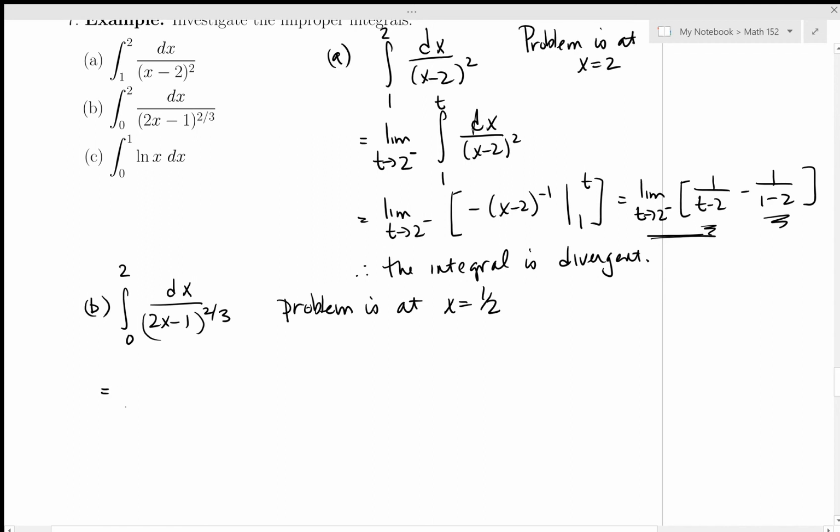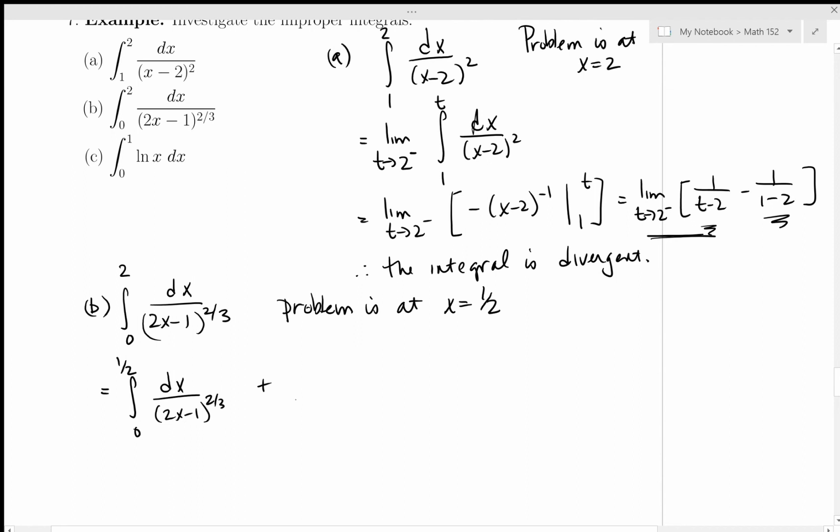The integral from 0 to 1/2 of dx. That's not very clear. Let me make that a nice half there so we can see what I'm doing. Okay, so I'm going to go from 0 to 1/2, and that is going to be dx over 2x minus 1 to the 2/3.